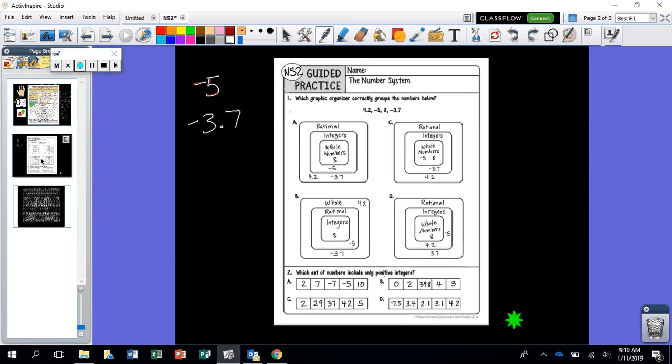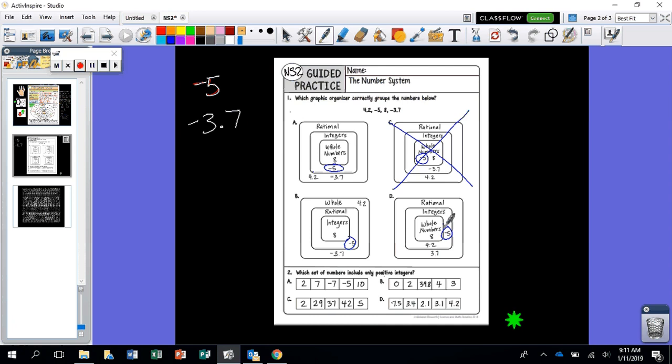So we have -5 right here under integers, and that does work. And then we can find the 5 over here under whole numbers, and we know that does not work. And then the -5 is under rational numbers, which is true, and the -5 is under integers over here.